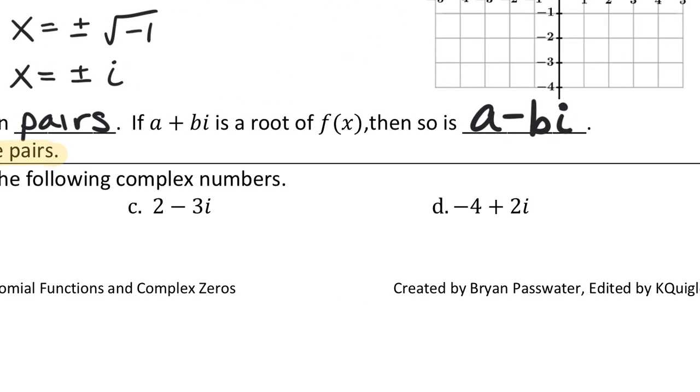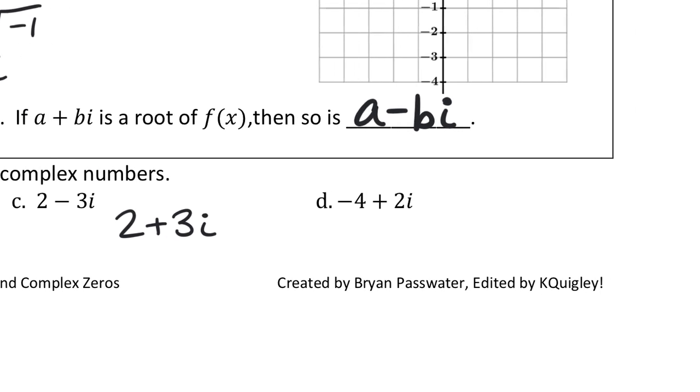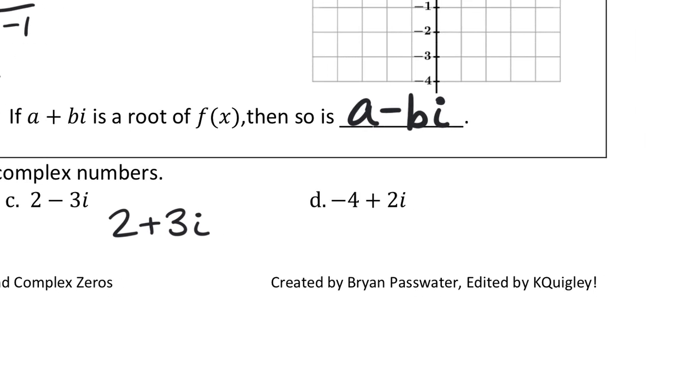If 2 minus 3i is one of the roots, what's the other one? 2 plus 3i. Yeah, you only change the sign of the imaginary part of this complex number. What if I say one of the roots is -4 plus 2i? Minus 2i. So the moment I tell you one of the imaginary roots, you know the other one exists. They come in pairs always.